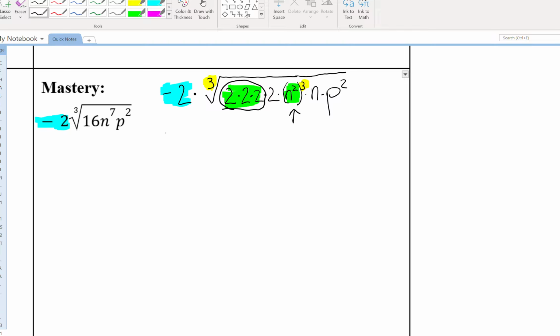So I have -2 times 2 times n squared times the cube root of 2 n p squared.